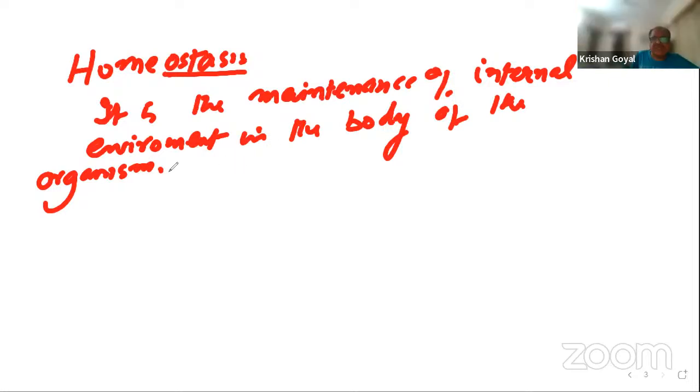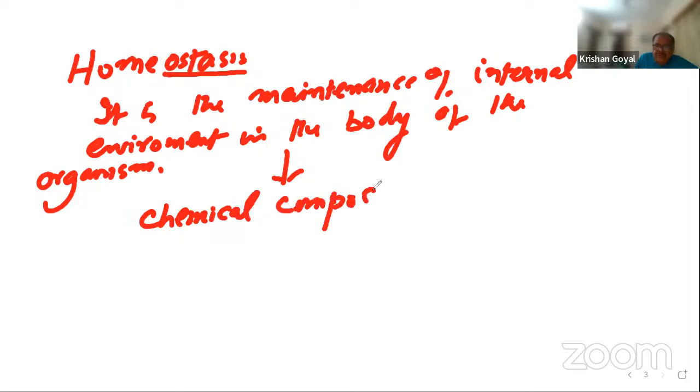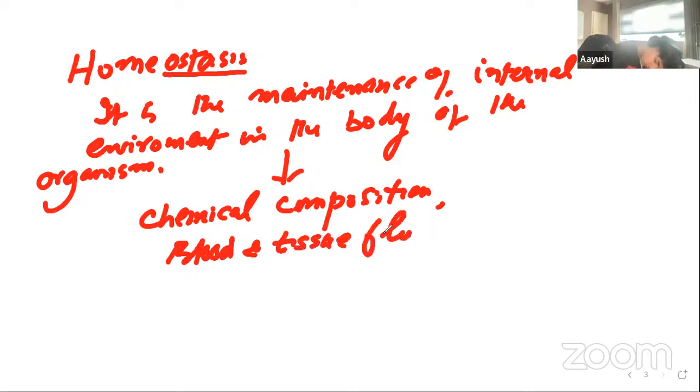What does the internal environment mean? It includes chemical composition, and then it includes blood volume, blood and tissue fluid volume.